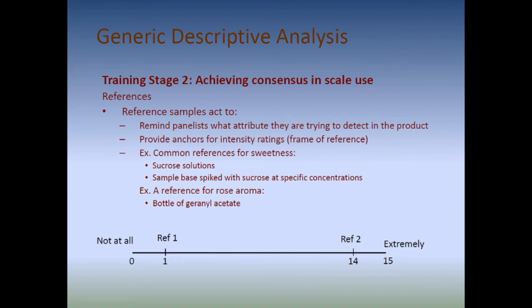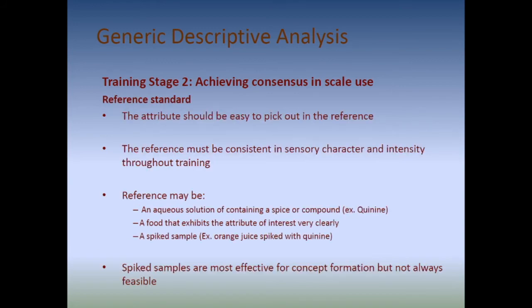Again, those of you who are registered in the course have these notes within your Blackboard, but you want to be able to identify that you've got consensus on that attribute and the reference standard. The reference standard has to be consistent. You could be building up reference standards if you're working within a certain product class.